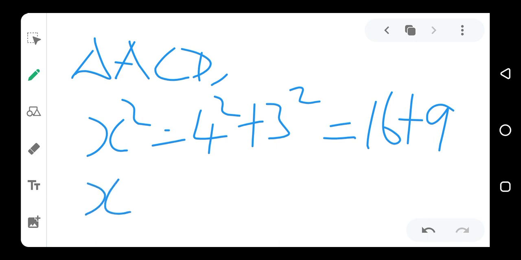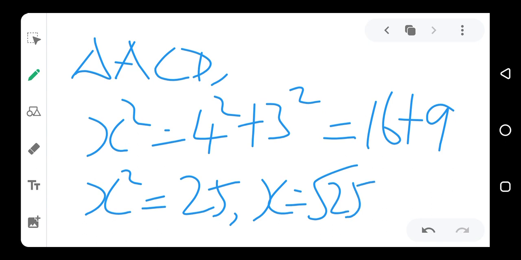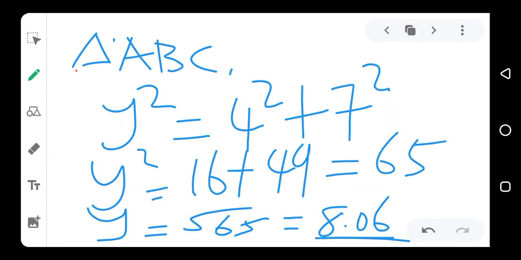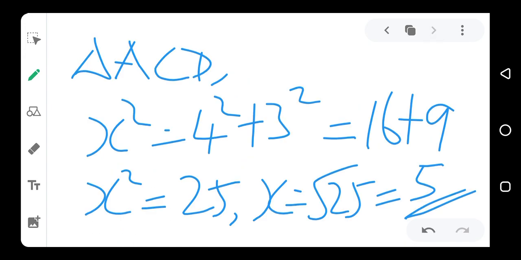So x squared is equal to 25, and x is equal to root 25, which means that x is equal to 5. So our y is equal to 8.06 and x is equal to 5. So this is the answer.